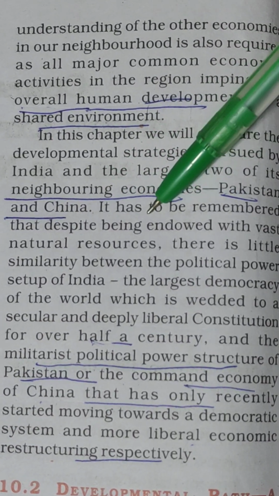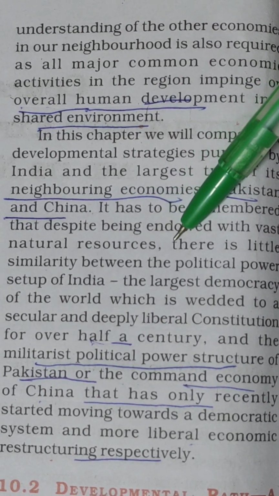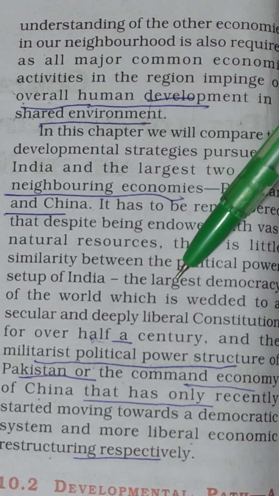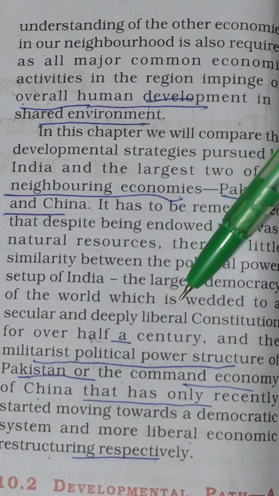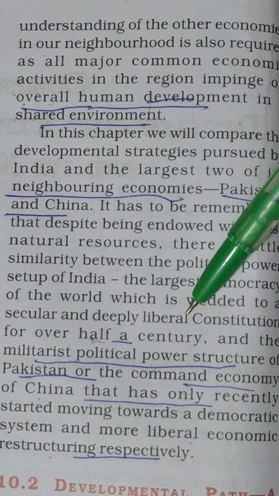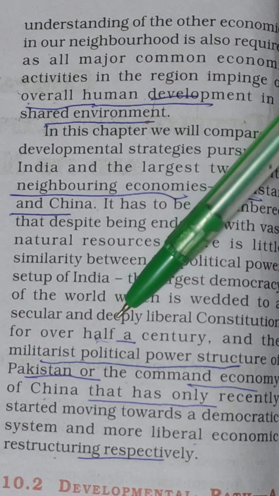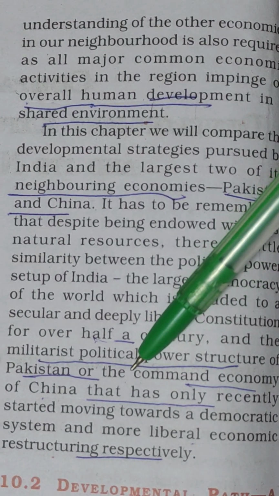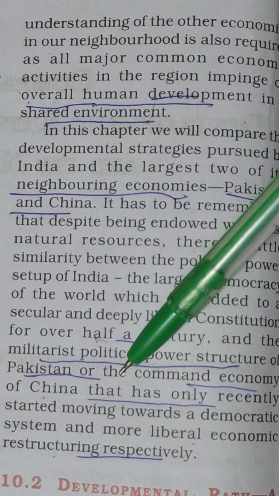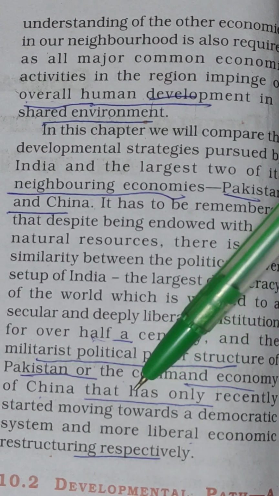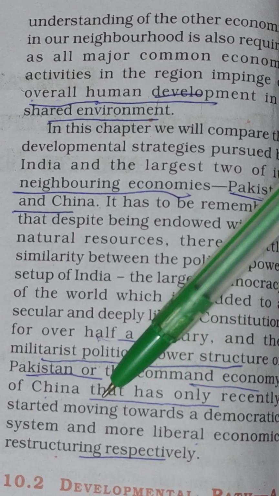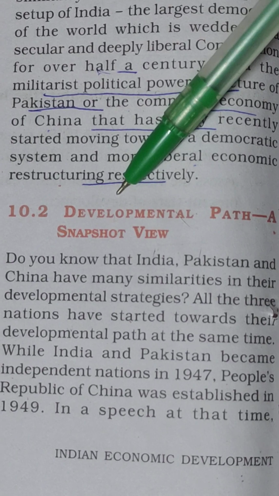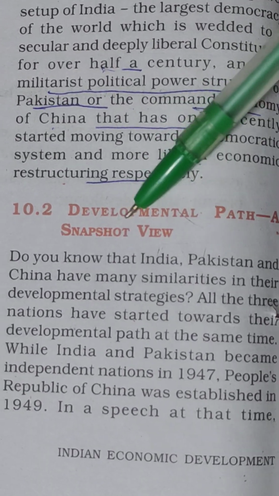It has to be remembered that despite being endowed with vast natural resources, there is little similarity between the political power setup of India, the largest democracy of the world, which is wedded to a secular and deeply liberal constitution for over half a century, and the militarist political power structure of Pakistan or the command economy of China that has only recently started moving towards a democratic system and more liberal economic restructuring, respectively. So, here now we are talking about developmental path, a snapshot view.